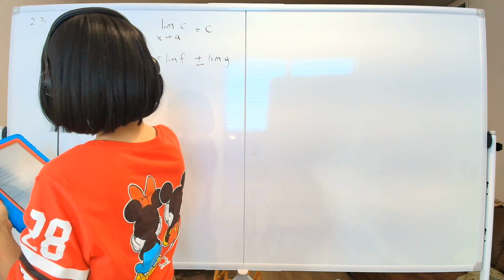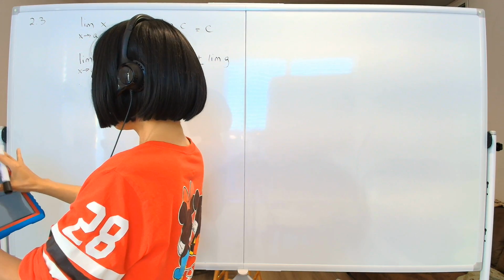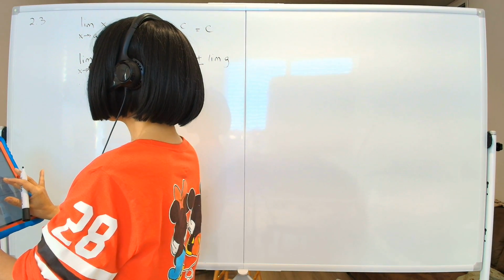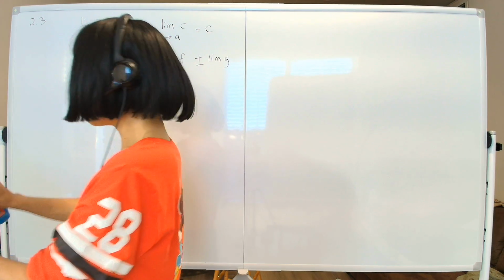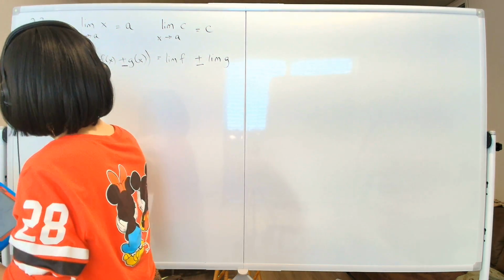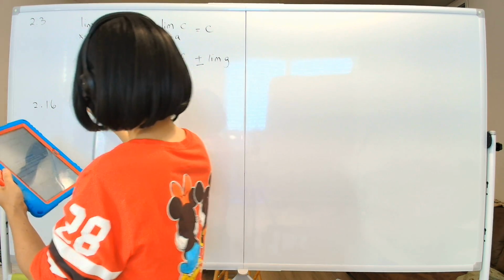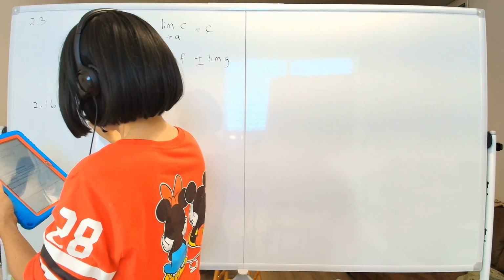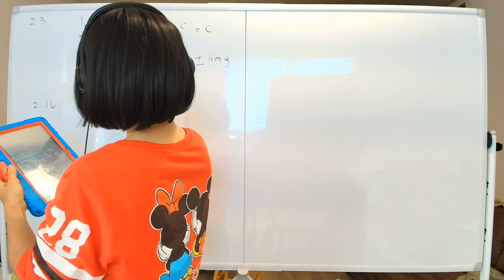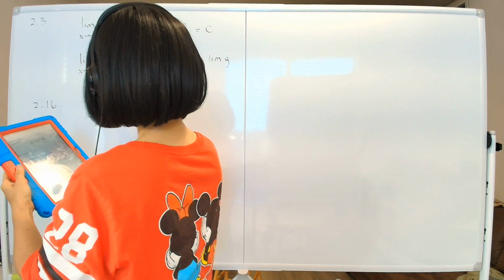So let's look at this particular problem, which is not even an example. It's just something after example 2.16. So I'll write down 2.16, and you look after it to find this thing. But it doesn't matter if you find it. We're just going to do this. Let's look at the limit as x approaches 1 of x squared minus 1 over x minus 1.